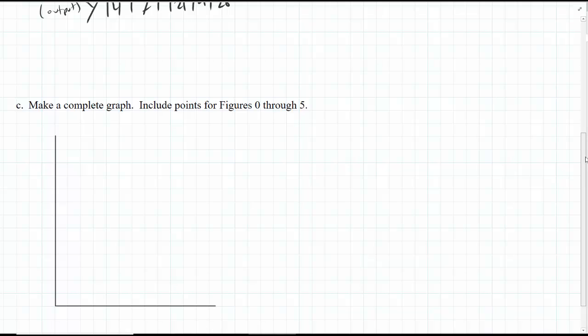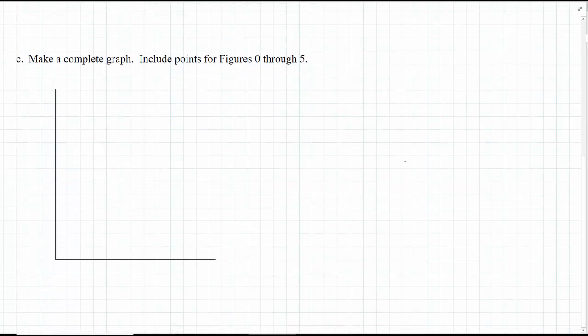Okay, as far as the graph, we have the X and the Y coordinates. X is going to be the figure number, Y is going to be the number of tiles. Okay, let's see, let's just go by ones, 2, 3, 4, 5.